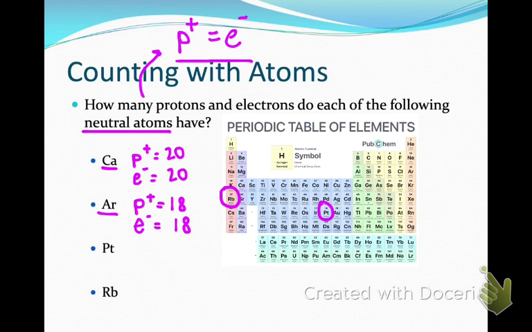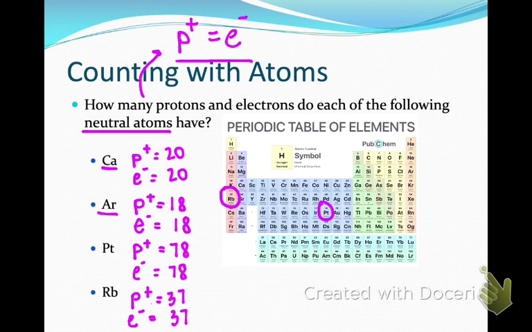So Pt is called platinum. Its atomic number, or number of protons, is 78, which means my electrons must also be 78. And my last one, rubidium, has an atomic number of 37, which means my electron number must also be 37.